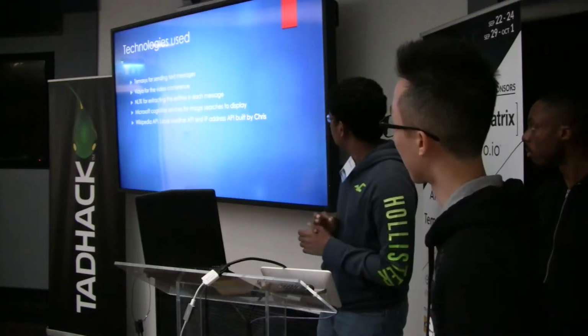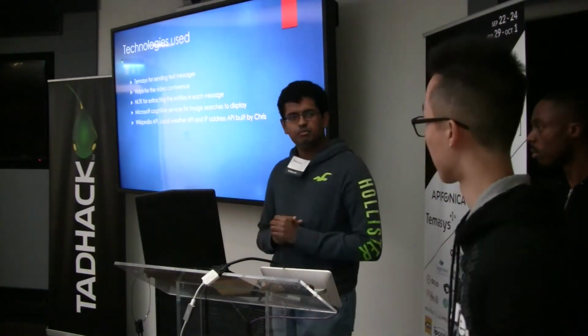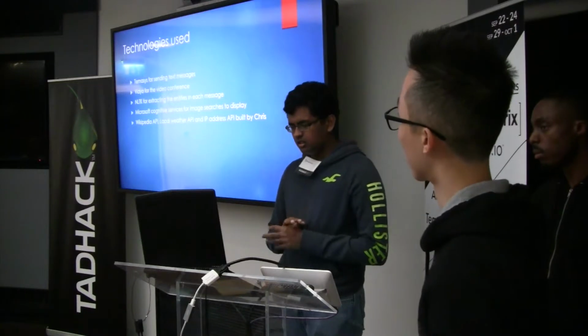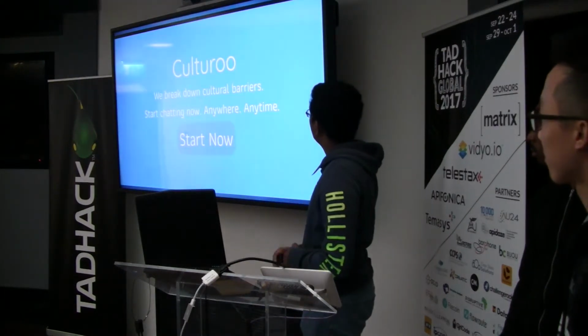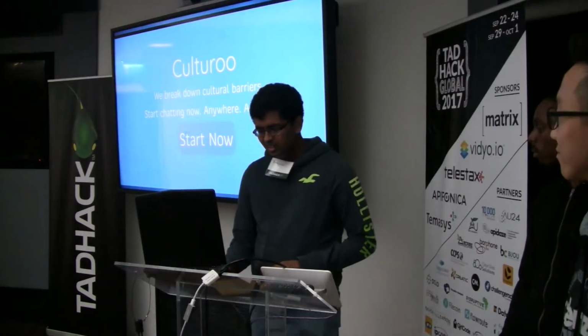To get relevant information, we use the Wikipedia API so that we know what they're talking about, and we also use the local weather API and IP address. So there's a screenshot of it there. Anytime, anywhere, you can initiate this call. Let's get to the demo.